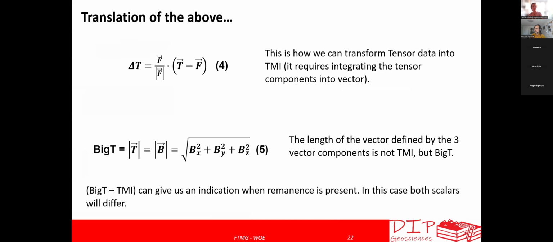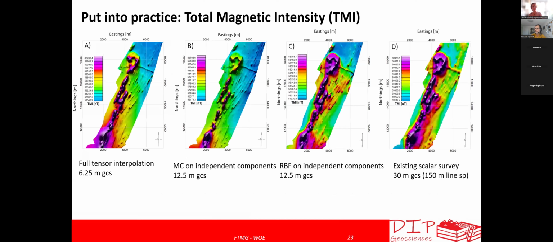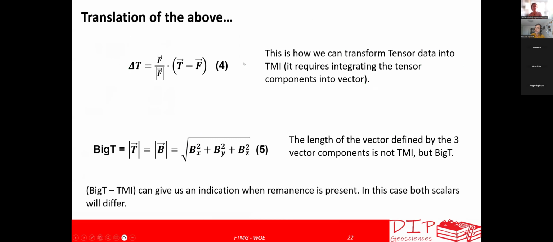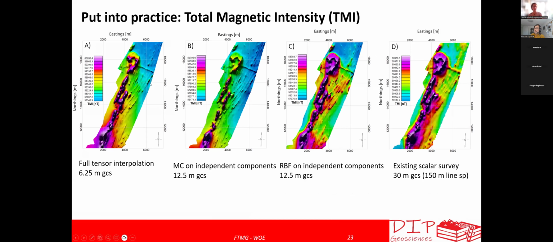So I'm going to show you some examples. Bear with me for a second. This is total magnetic intensity that I computed using equation 4 for that data set using the tensor components. This is what I got using minimum curvature, in the full tensor interpolation.